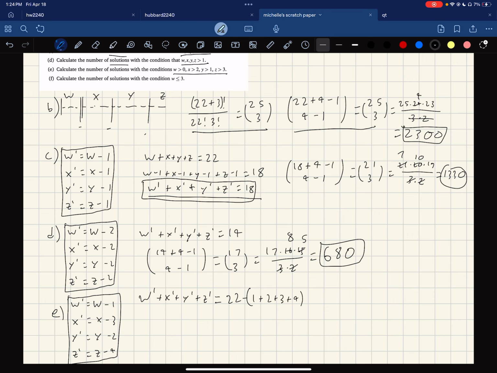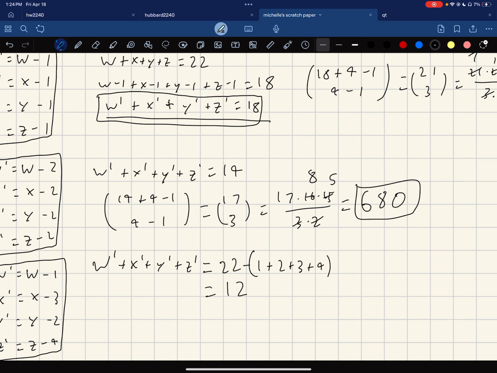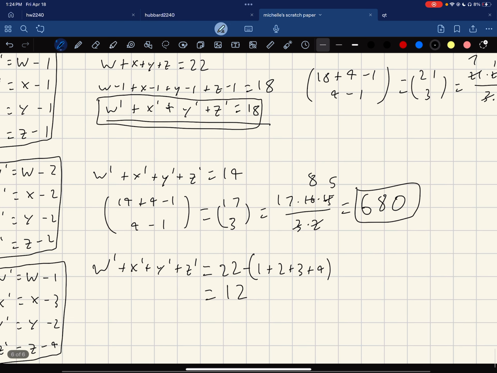This is equal to 10, so this will be equal to 12. So now, similar question: we have 12 balls, 4 bins minus 1, equal to 15 choose 3. I'll just do this in my head. Should be 455.